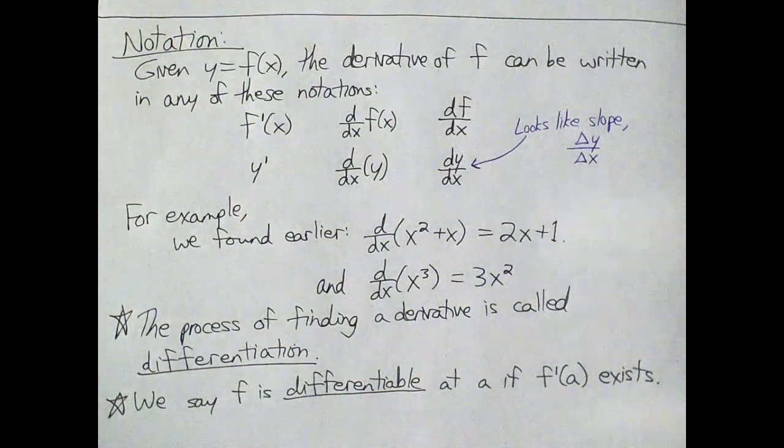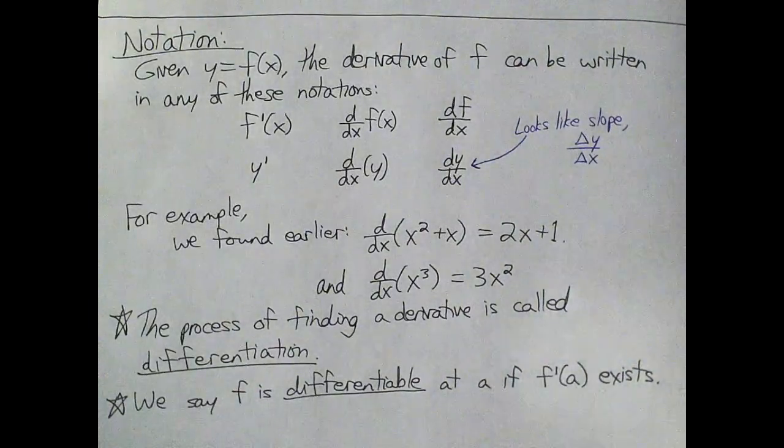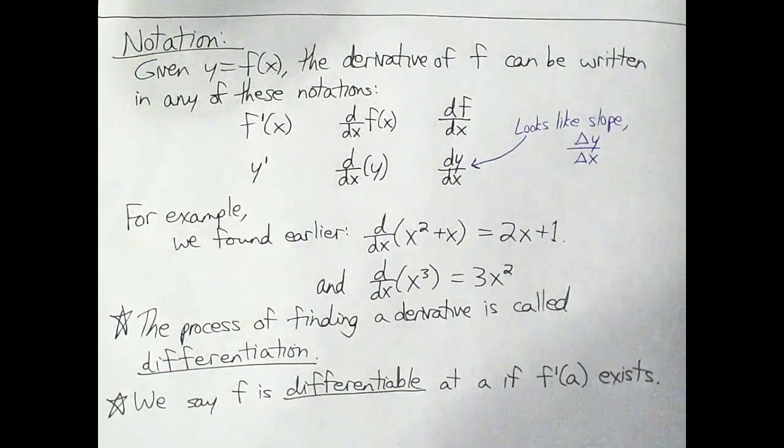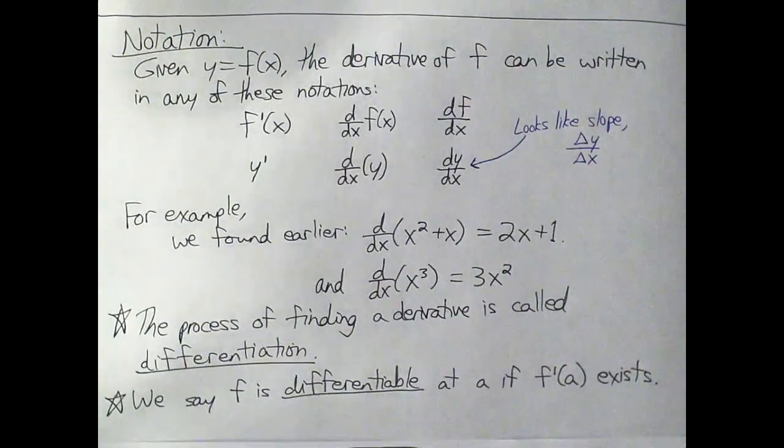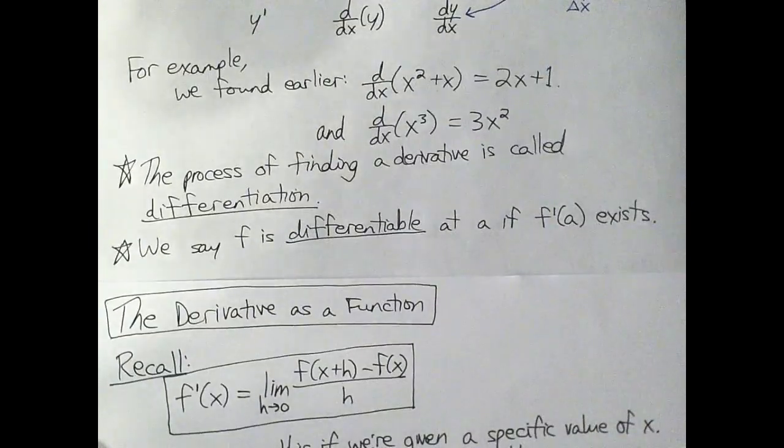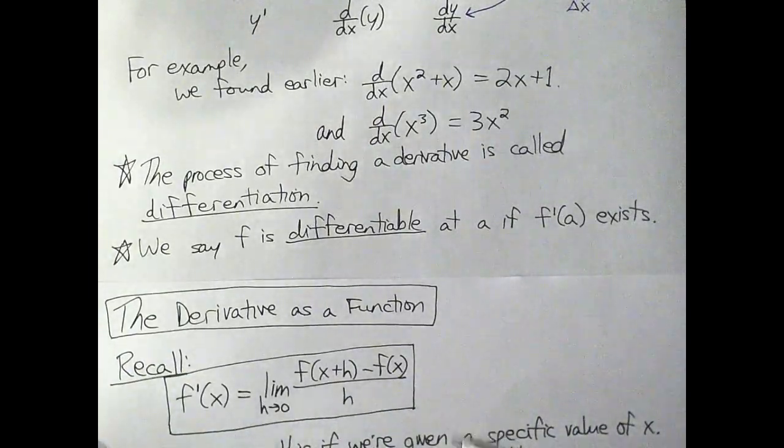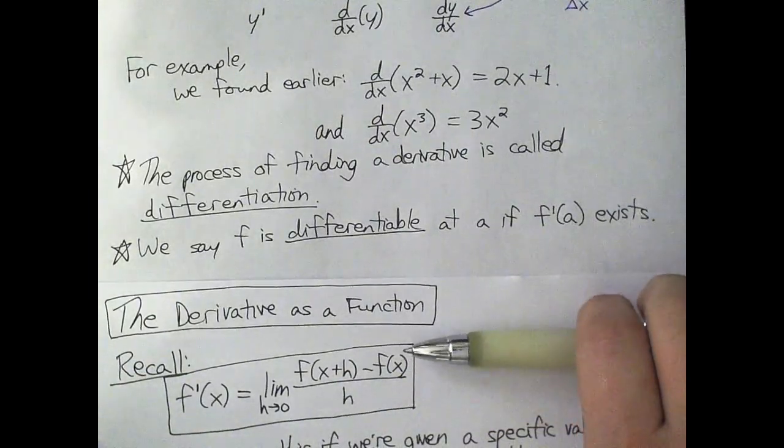Oh, well, that kind of raises a question, doesn't it? Wait a second, are you telling me that sometimes a function is not differentiable? Sometimes a derivative does not exist? Well, let me remind you what the derivative is. Let's go back to the first page from today. Here's our formula. We're working on memorizing this formula, right?